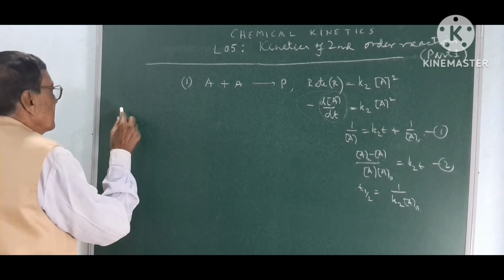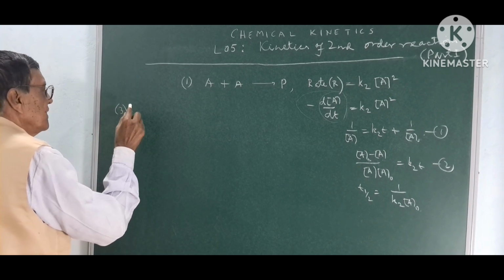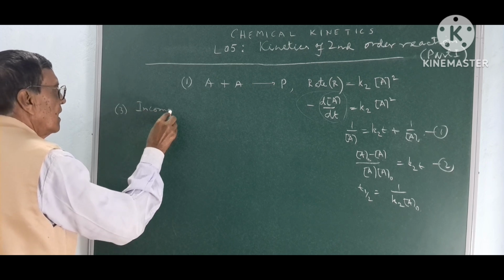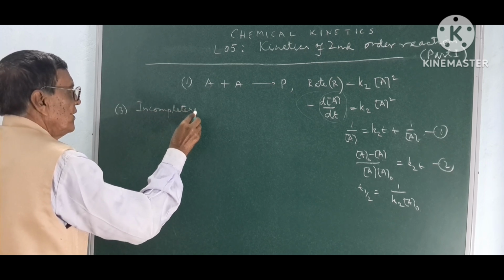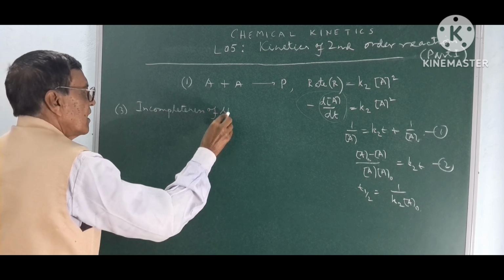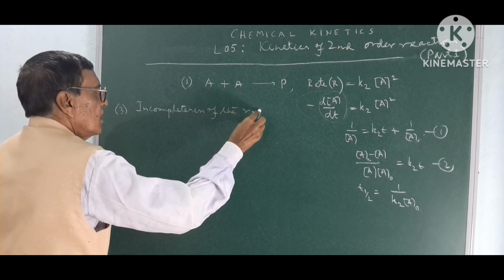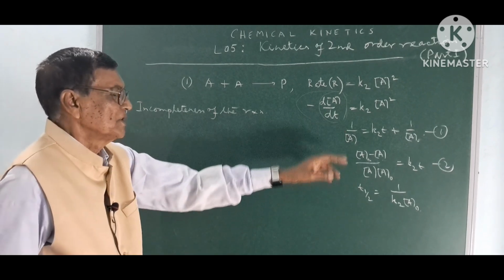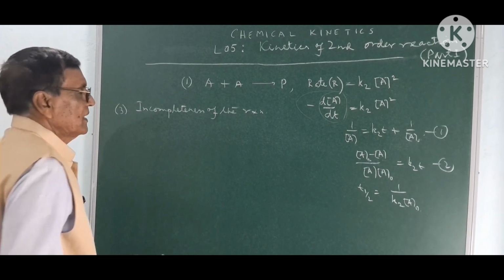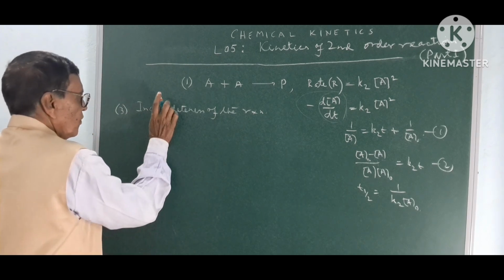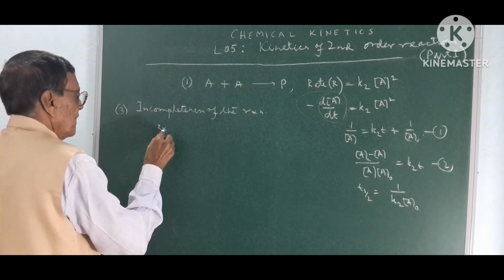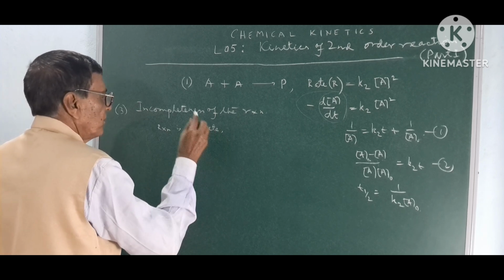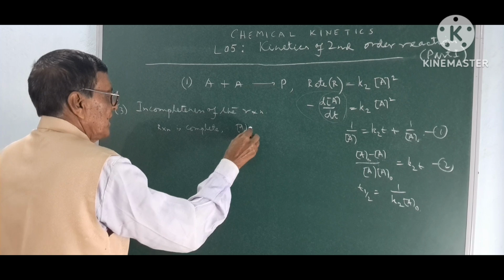And the third criterion, the incompleteness of the reaction. From equation 1 or equation 2, you can see when the reaction is complete, the concentration of A equals 0.